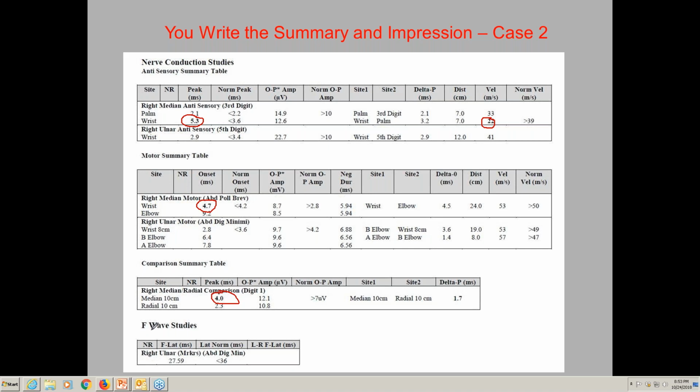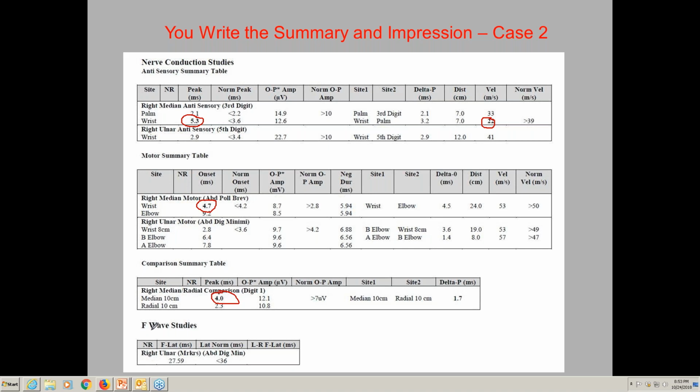And if I were writing it, I would say the right median sensory latencies to digits 1 and 3 are delayed with slowed transcarpal velocities and normal amplitudes, period. The right median motor distal latency is mildly delayed with otherwise normal amplitude and proximal conduction velocity, period. Next bullet.